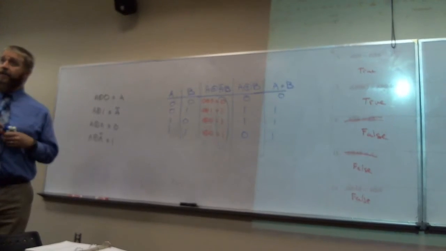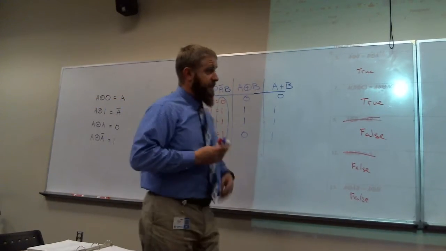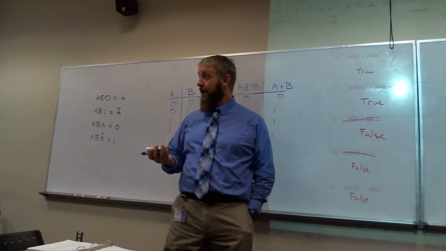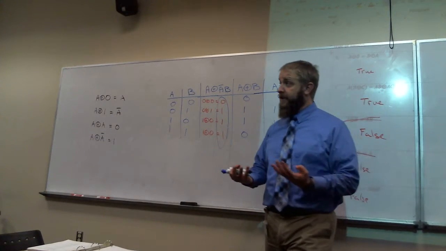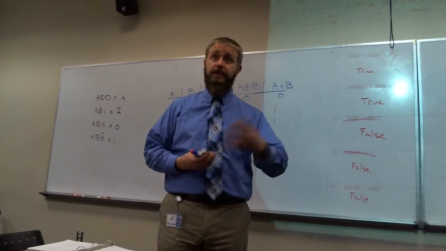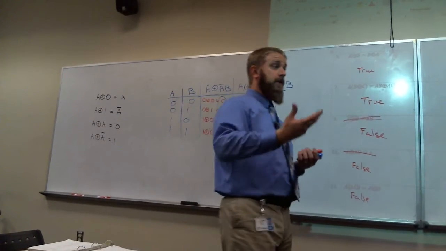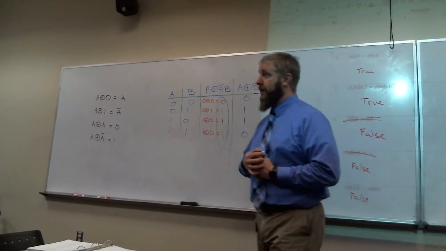Let's think of the logical scenario for this. Same setup. I'm going to give you a prize. You can pick one of the two prizes. Either you can have $10, or you don't get $10 and you get a brand new car.